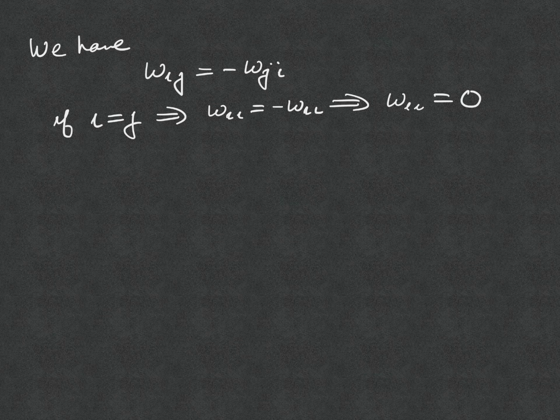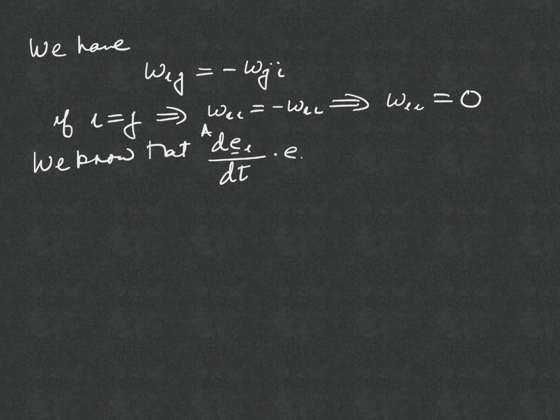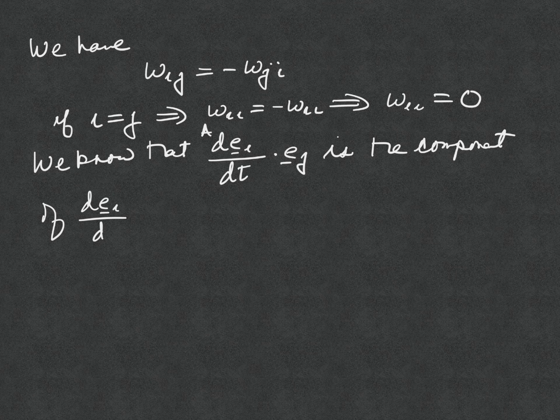We know that dEi/dt in A dotted with Ej is the component of dEi/dt in A along Ej.